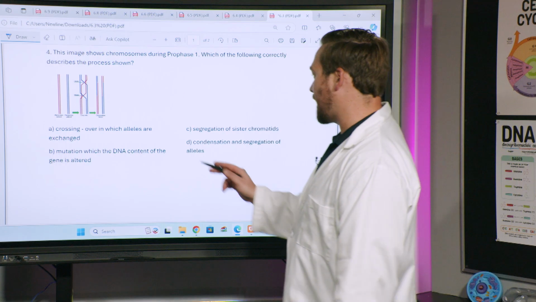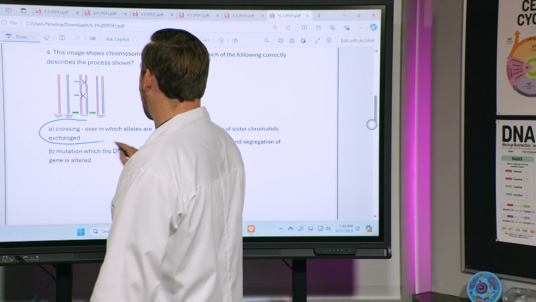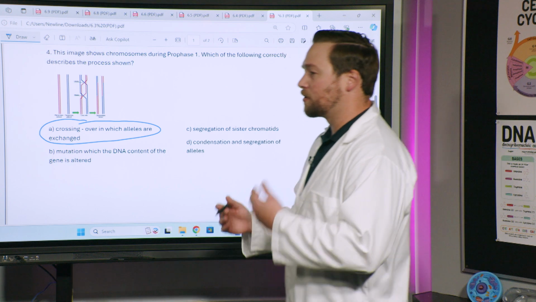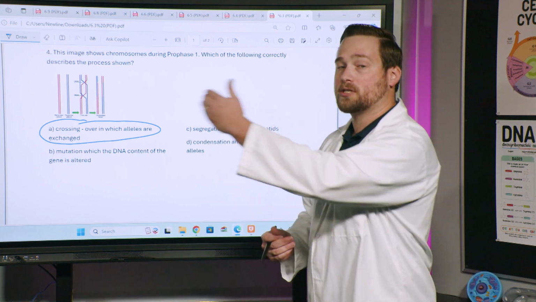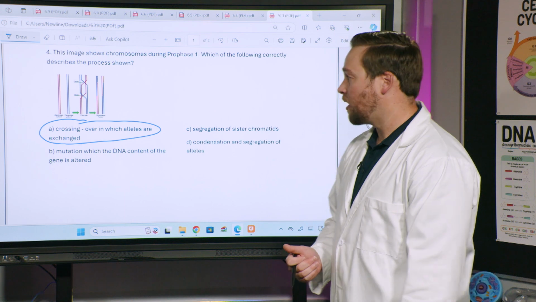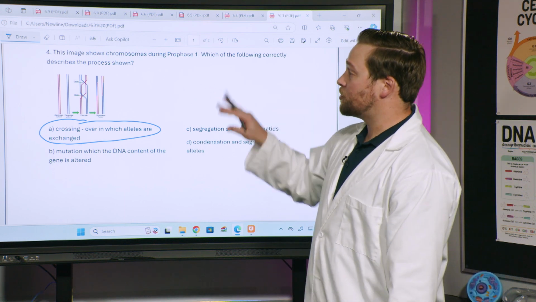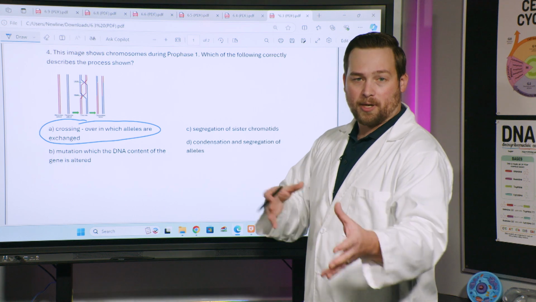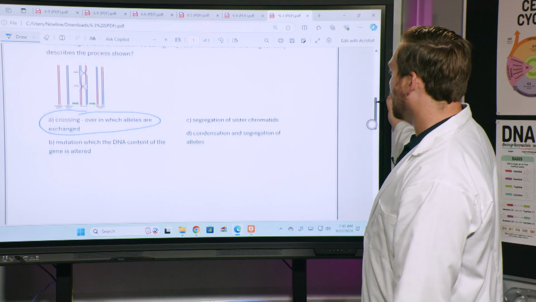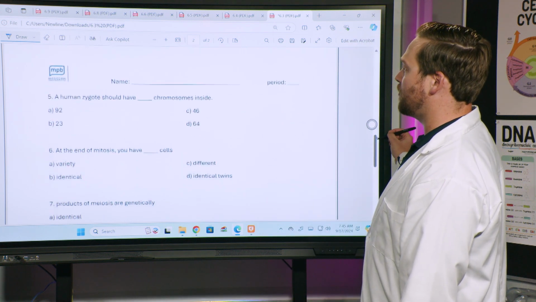You might remember that that's called crossing over, okay? And it's called crossing over because they're literally moving from one chromosome to the other. They're crossing over to the other chromosome, okay? This is very important. It's going to increase our genetic variation and make us all different from each other, okay? All right, let's scroll down and keep this going.